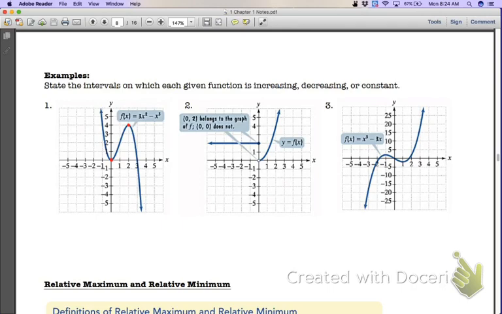So as far as where my graph is going to be decreasing, versus where it's going to be increasing, how many different times would I be basically walking down the hill? Is there 1, 2, or 3 times?